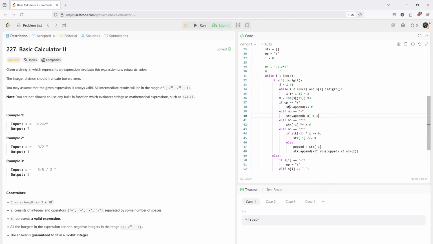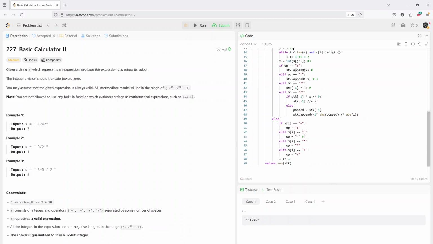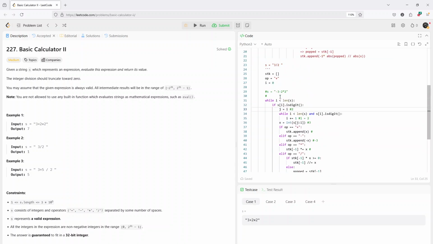Then we're done with all this. Go back up here. I is 2. So 2 is the minus sign, so we come back here and iterate I by 1. So now we're at this 2. So now I is 3.